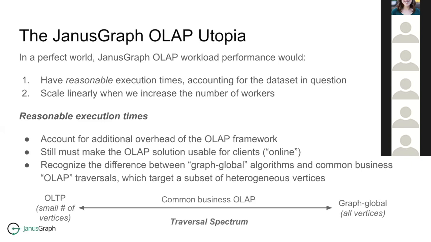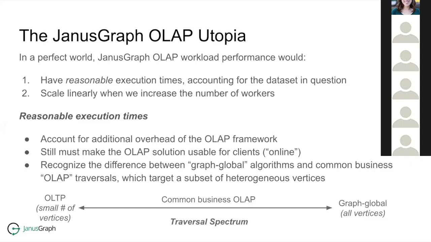And then the third bit is actually just harking back to something Ted touched on at the beginning, which is there is this difference between a graph global, canonical graph algorithm like PageRank, or like some of these shortest path algorithms, where we generally are going to touch every single vertex in the graph. And that's just, by its inherent nature, going to take a lot of time.